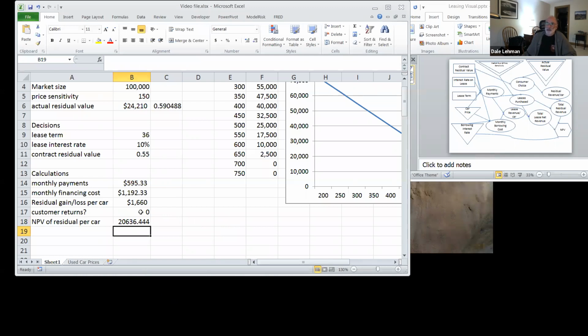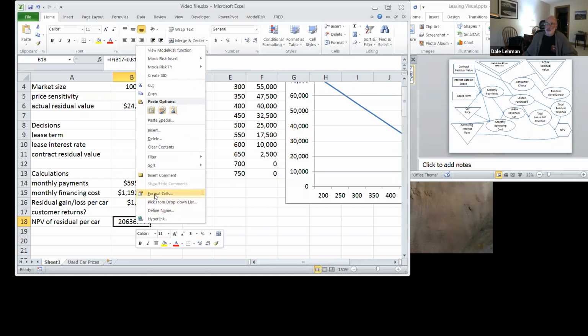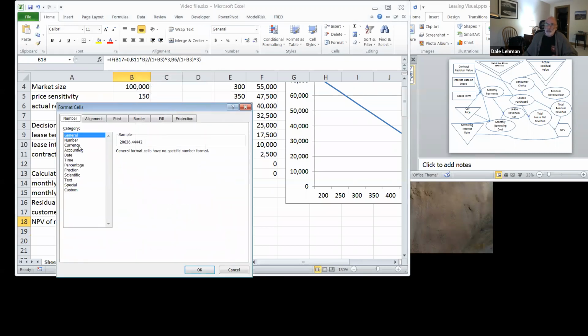Since they didn't return the car, I'm getting a car worth $24,210, discounted 3 years at 3% interest. What is that worth today? It's only worth $20,000 plus a bit.